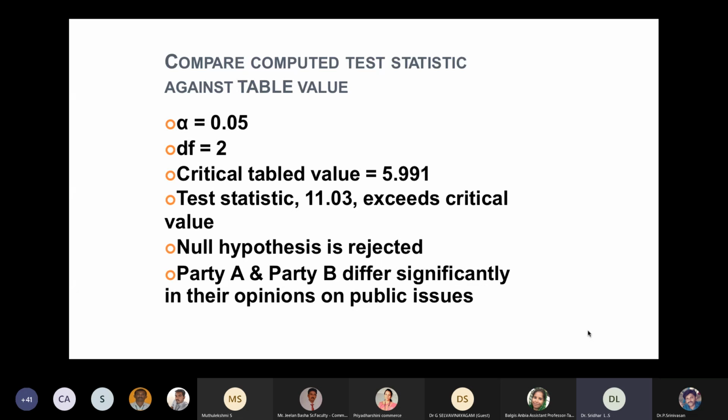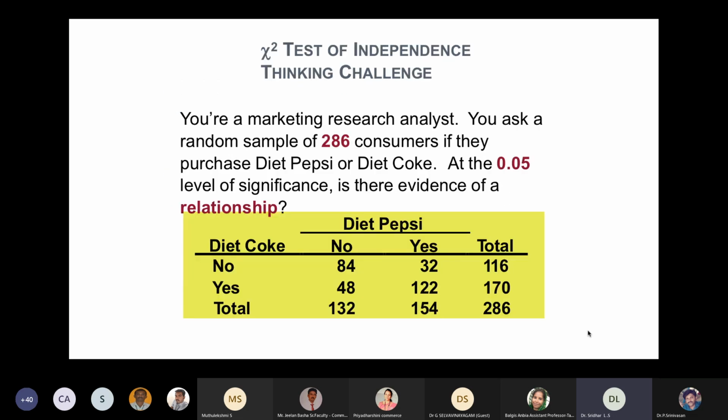Why they differ, we can study separately. The first information we verify is whether there is a difference. Then, in what context and why they differ, we can go for further studies. That is what each result tells us.